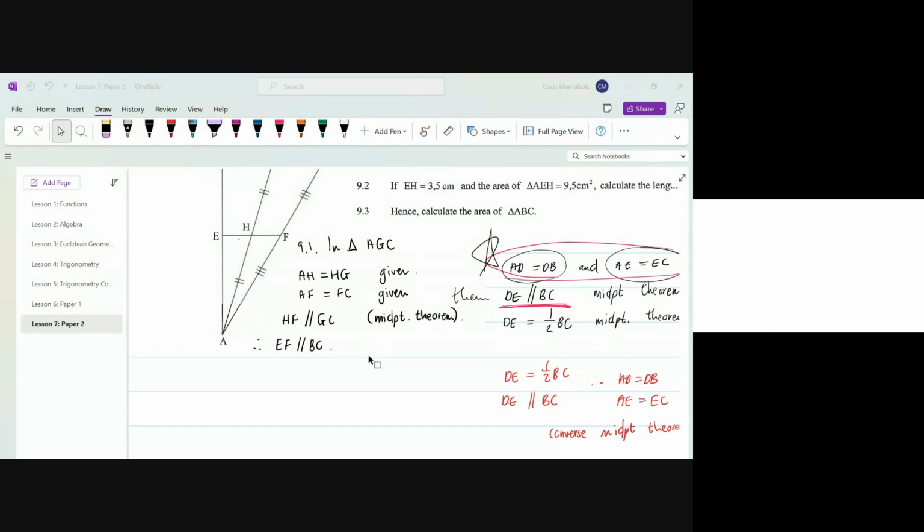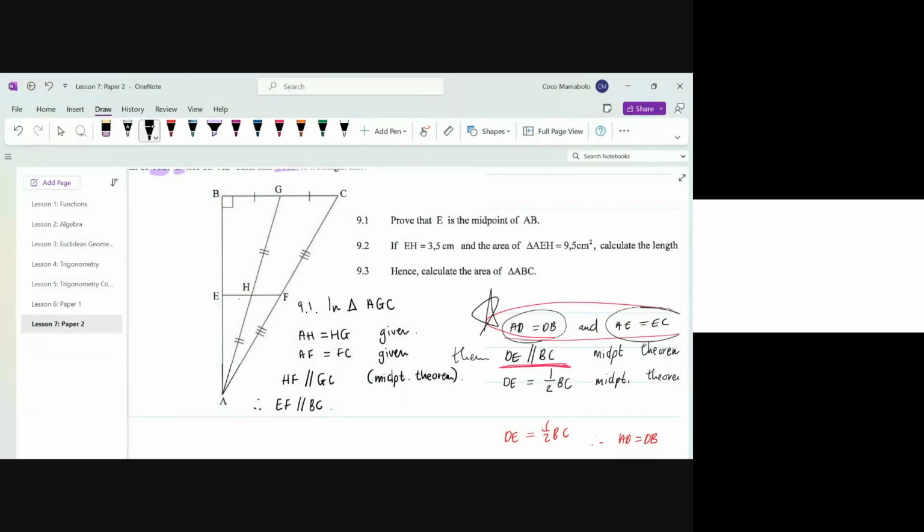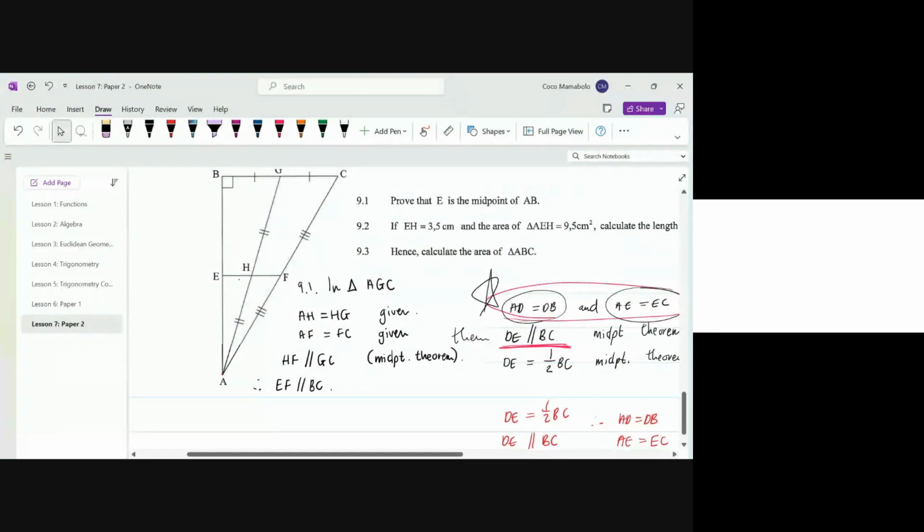All right, now that we've got that information, that's quite helpful because now we can go from the smaller triangle into the bigger triangle. We can now work in the bigger triangle. Then if we know that EF is parallel to BC, we can therefore say that E is the midpoint, because they're parallel to each other.